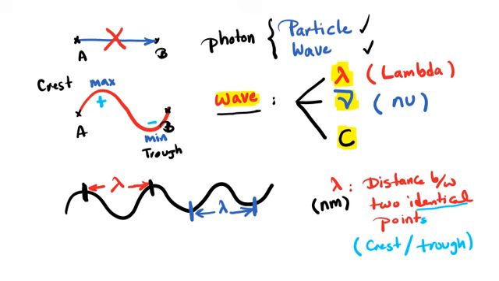So lambda is in general on the order of nanometers. This is the distance between two crests, two troughs, or in general two identical points in the wave. Another one is frequency. Assume that we have something like this.